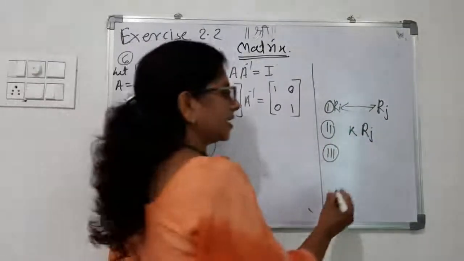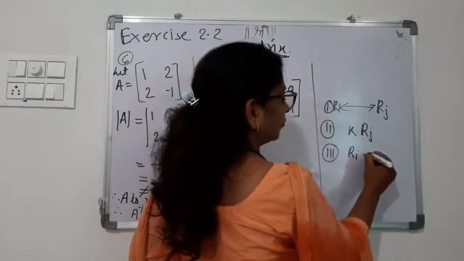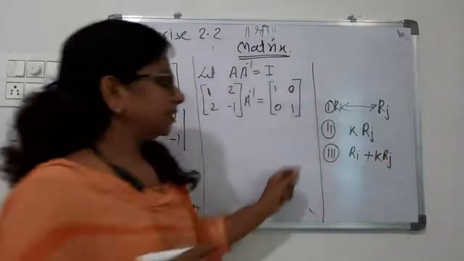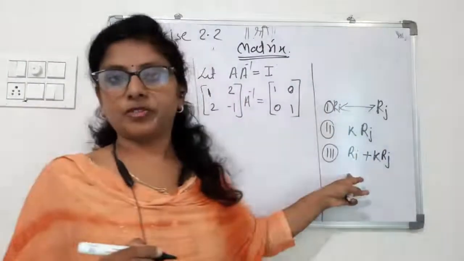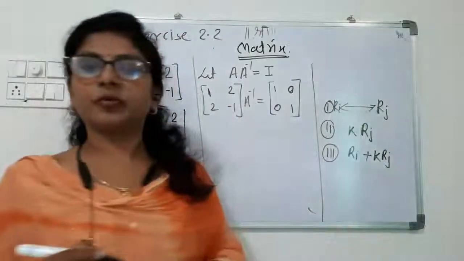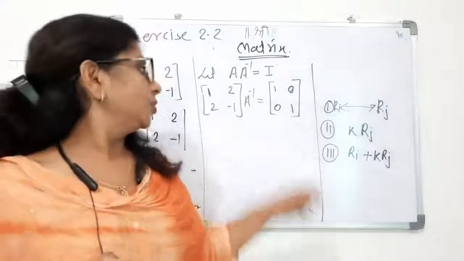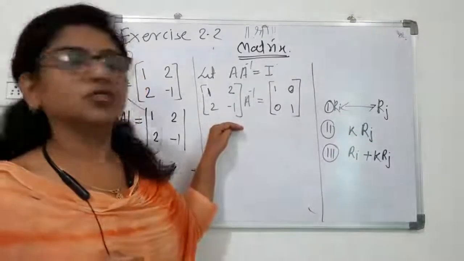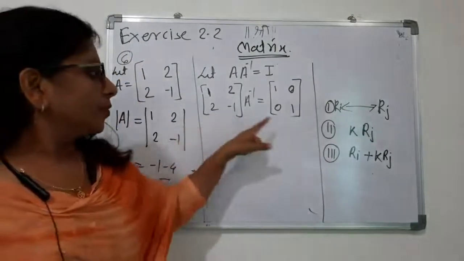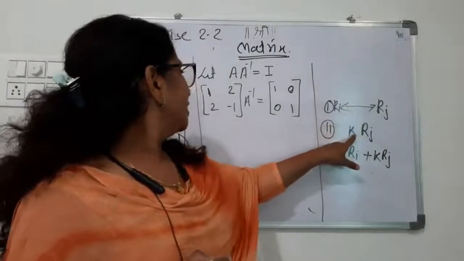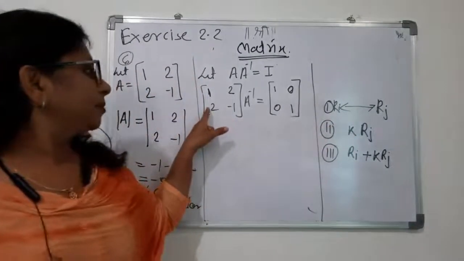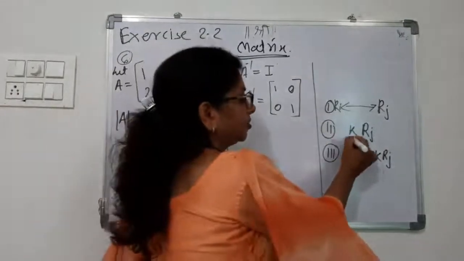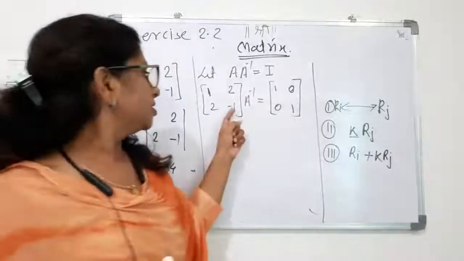And the third is addition to one row of a non-zero scalar multiple of another row. Okay, these are the only 3 transformations we have to use to solve these inverse examples, means to get the inverse of this matrix A. So it is not suitable here. This is also not, because we cannot multiply by 0 to bring 0, since we already said this should be a non-zero scalar. So this is not applicable.